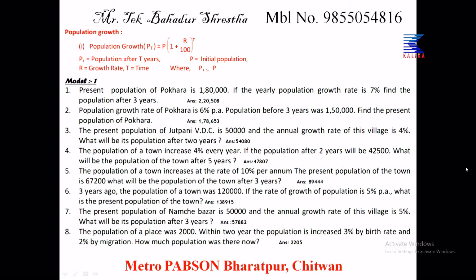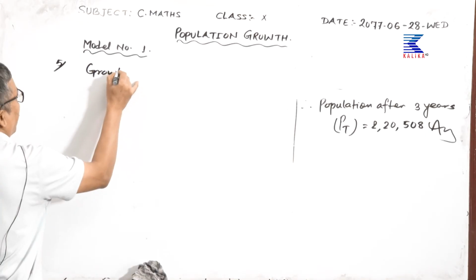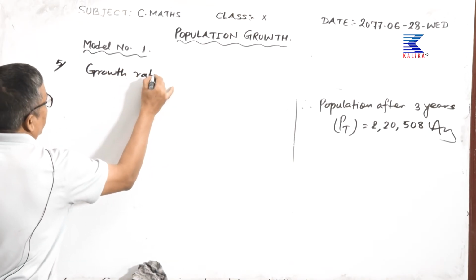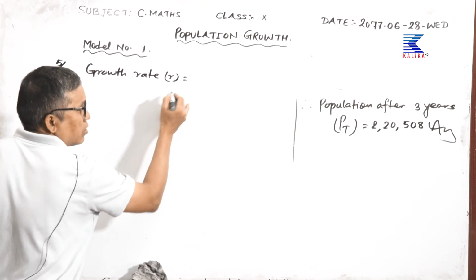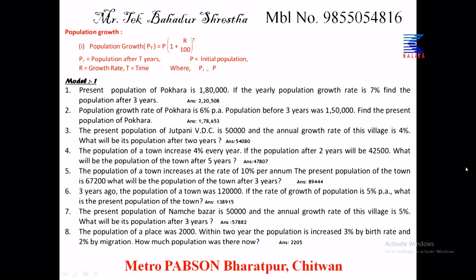The population of a town increases at the rate of 10% per annum. Growth rate R is equal to how many percent? 10%. Population growth rate is 10%.